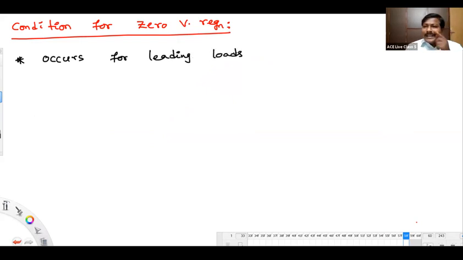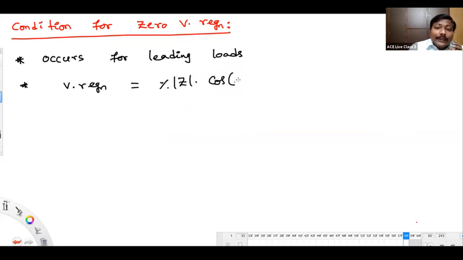And what is the voltage regulation equation for leading load? Anybody? Percentage Z cos theta plus phi r, you will get, no? For leading loads, the voltage regulation is percentage Z cos of theta plus phi r.